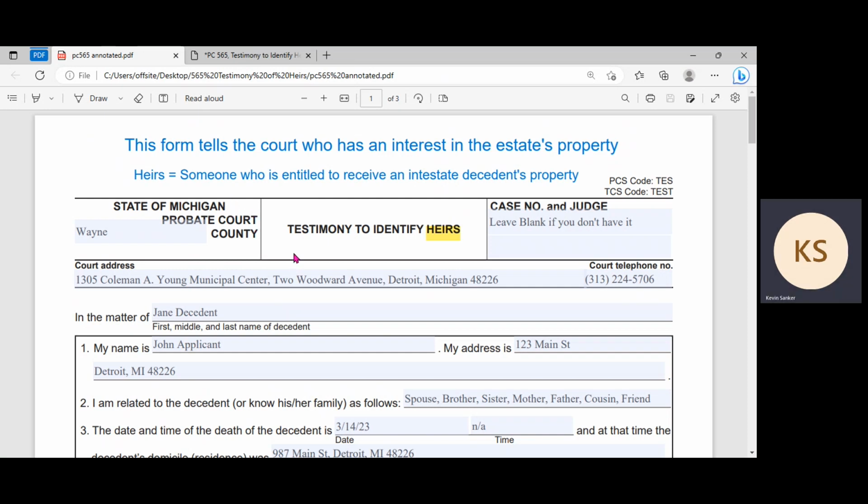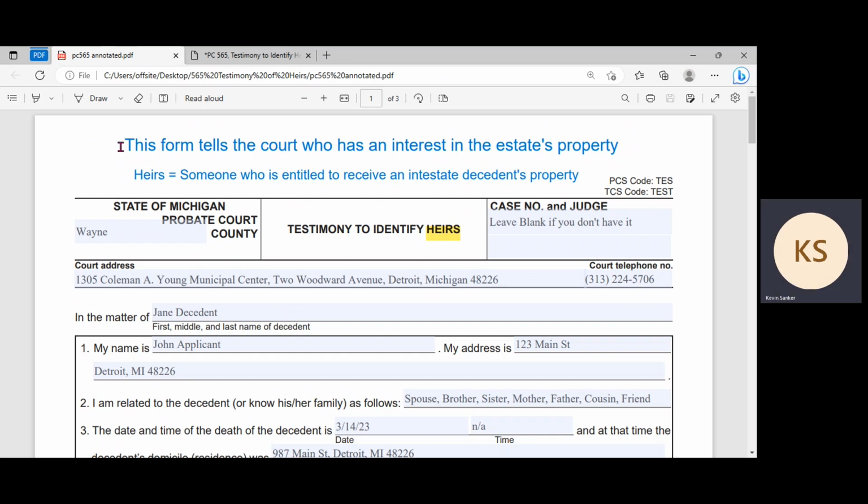Before we start filling out the form, I highlighted heirs. Just real quick, the definition of an heir is someone who is entitled to receive an intestate decedent's property. So if someone died intestate without a will, the statute, EPIC is the name of the statute, and it lists out who would be entitled to the decedent's property.